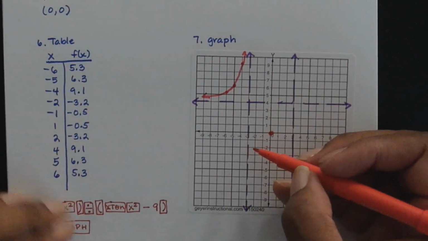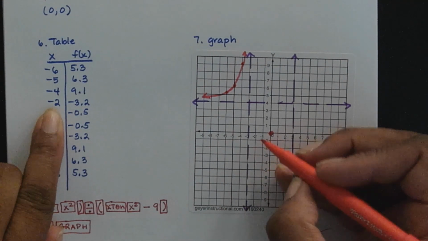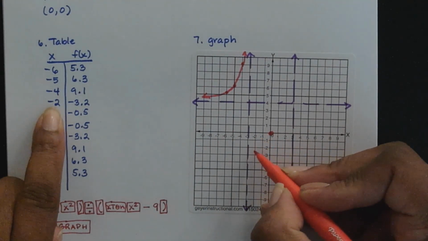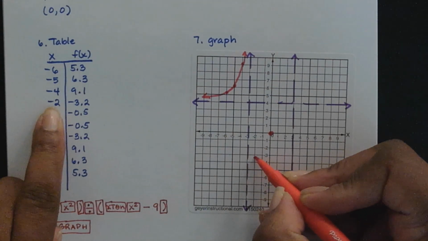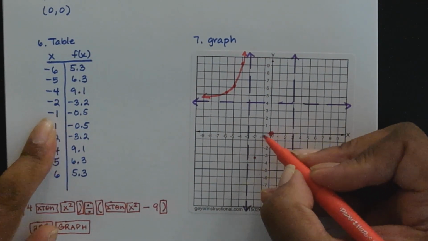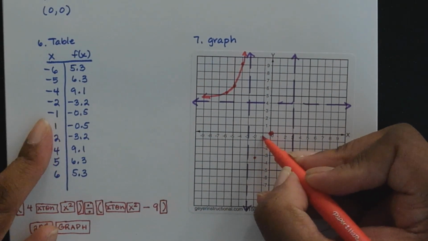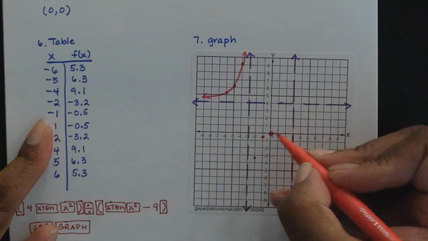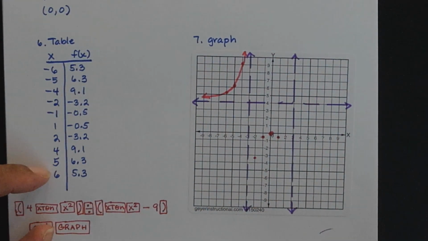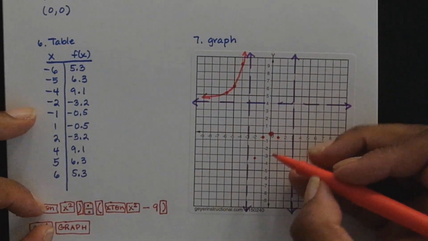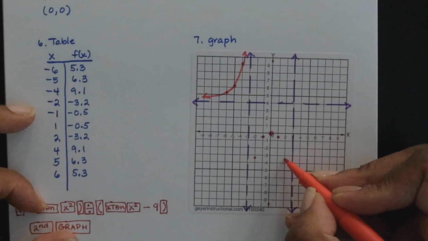All right, so negative 2 and negative 3.2 will be to the left 2 and down 3 and about 2/10 of the way, about right here. Negative 1 and negative 0.5, or negative 1/2, will be about right here. And then 1 and negative 0.5 will have the same y coordinate. 2 and negative 3.2, the same thing.